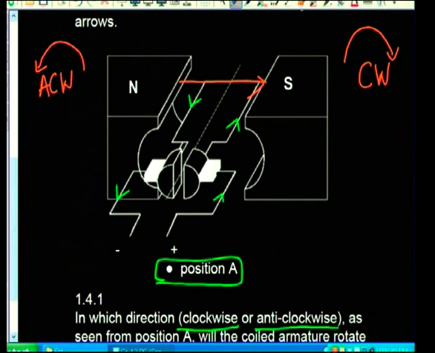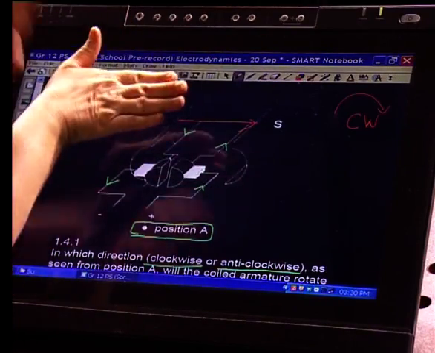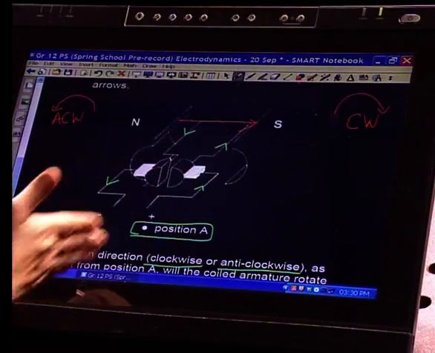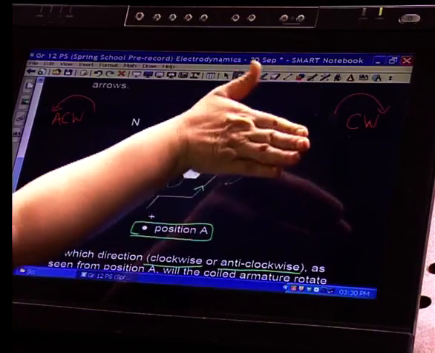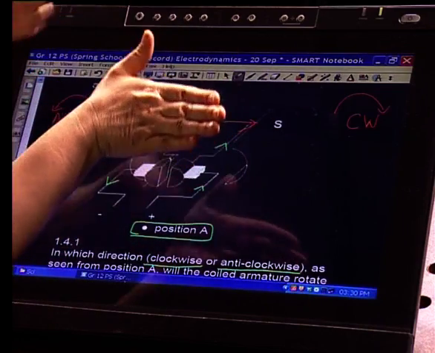Right hand must point south, which is to the right on my diagram as I'm looking at it. Then my thumb has to point in the direction of the conventional current. So if I'm looking at my coil at position A, it's sort of going into the page. So my thumb's going this way, north to south, pointing out.